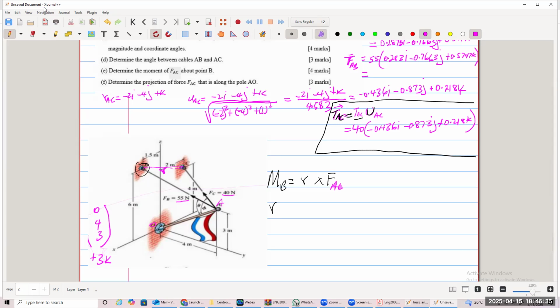Do you remember? There must be a line touching the force. Yes, firstly, the line must touch the force.